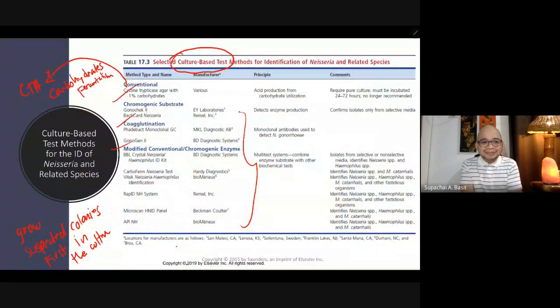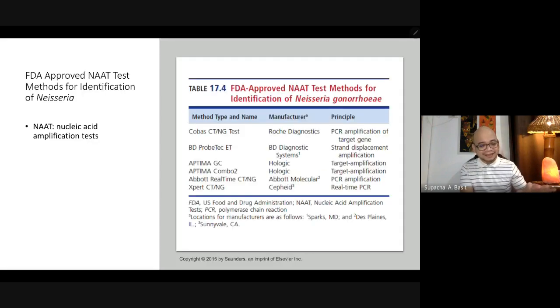That's why it's called a culture-based test. And then we also have the nucleic acid amplification test. This one is a molecular method. PCR can also be used for identification of Neisseria gonorrhoeae, and there are different manufacturers that use PCR for its identification.